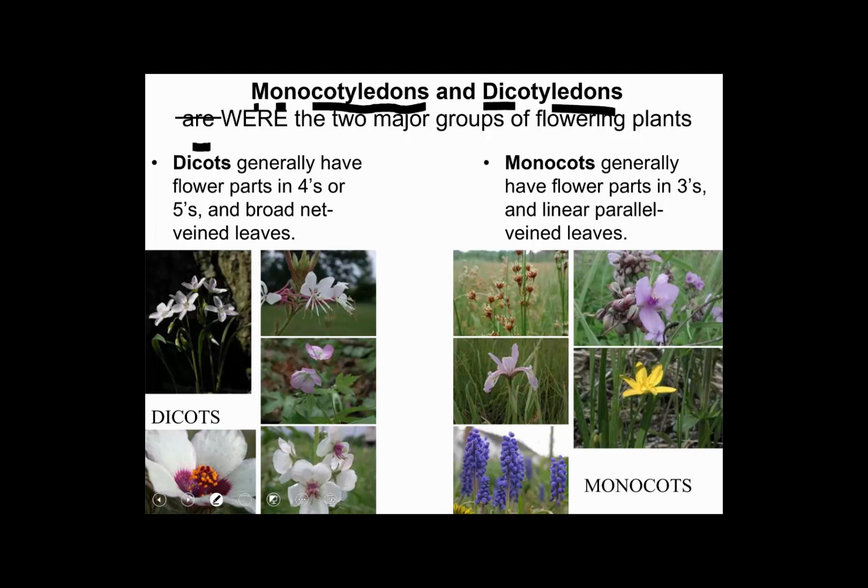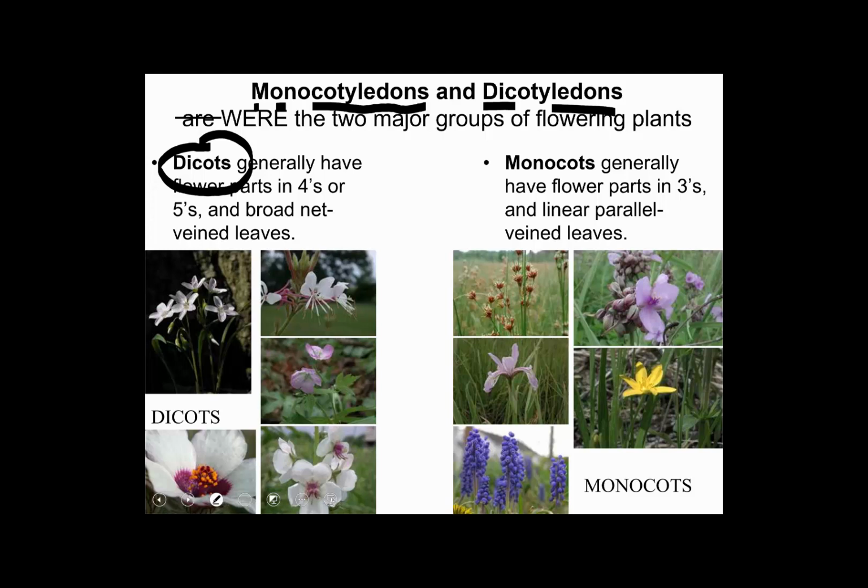So dicots have their flower parts, count the parts, the petals and the sepals, in 4s and 5s, typically. Not always, but typically. And the leaves are often not linear and grass-like. They can be broad, and they will have a net venation. Another thing about dicots is that many of them are what are called herbs, bendy, flexible plants that aren't woody.